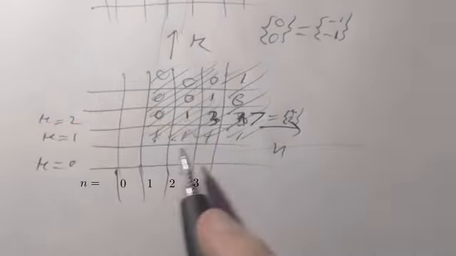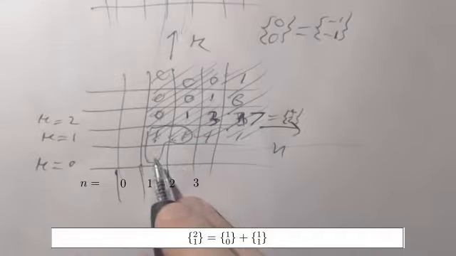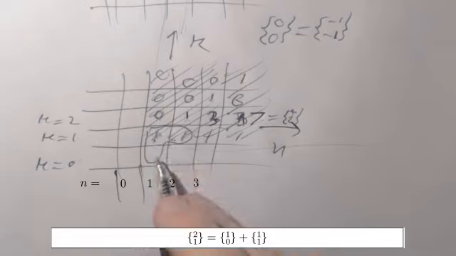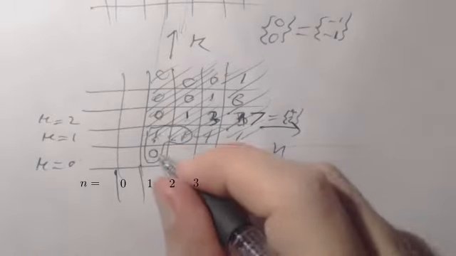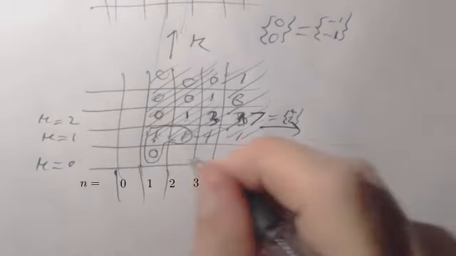But if we wanted to calculate this, we would apply it to this, and this is equal to this plus this. So this plus this must equal this, so you get 0 there, and these all end up being zeros, and so on. So we know these are all zeros.